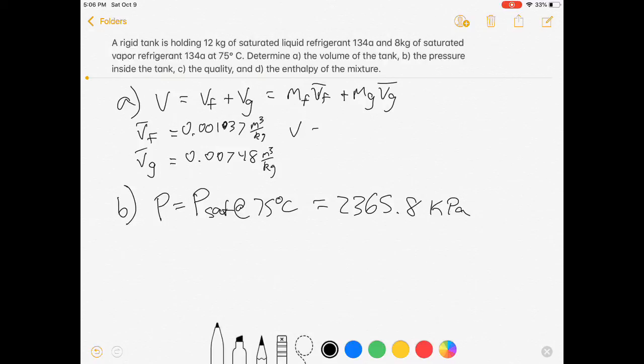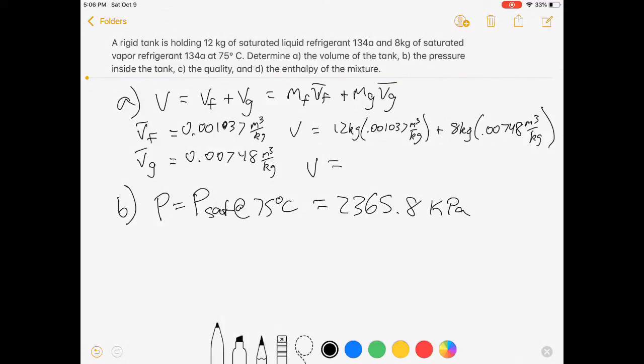So volume is equal to 12 kilograms times 0.001037 meters cubed per kilogram plus 8 kilograms times 0.00748 meters cubed per kilogram.